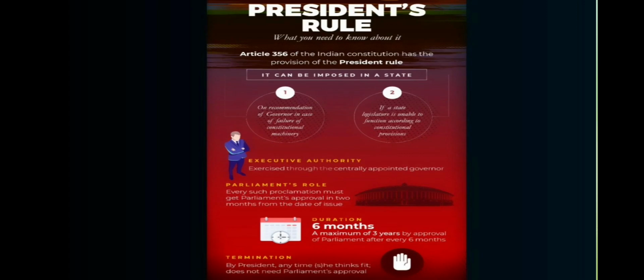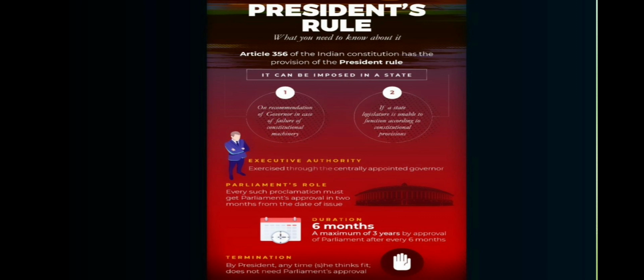Now, President's rule. Children, this is a very important concept. As per the provision of the Constitution, Article 356, the governor of a state can recommend to the president the dismissal of a state government and even dissolution of a state assembly if he or she is convinced that the government is not able to administer the state as per the Constitution.